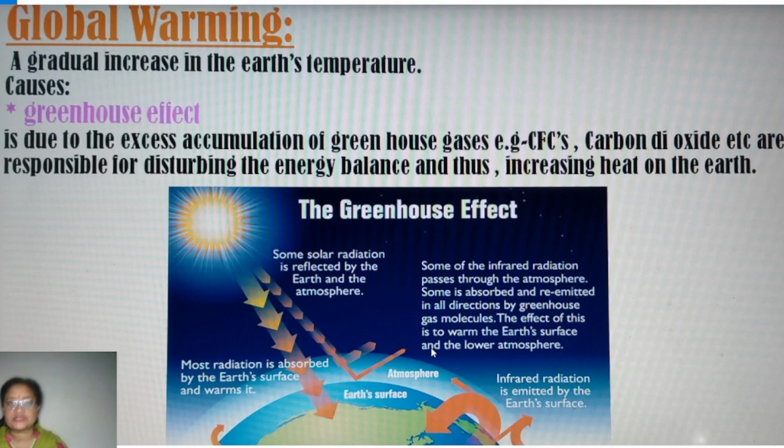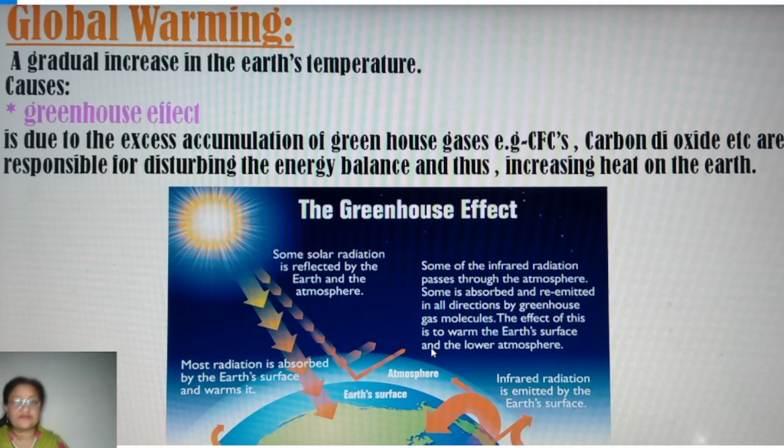If there is any natural reason behind it, it can easily be overcome by nature itself. But children, the main thing we should consider here is how it is being caused artificially, that means by human activities, how the ozone layer is being depleted. Every day its effect is increasing. So we must think over it, and we should start taking several steps to reduce the various causes behind ozone depletion.